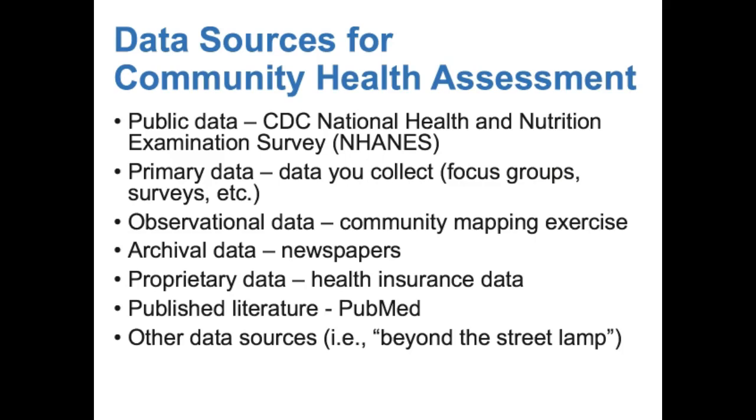Other useful data could be gathered just by walking through a community and observing perhaps the number of abandoned buildings, fast food restaurants, advertisements, what types of things are being advertised in your community. This unobtrusive data collection method can reveal strengths and problems in a community. And there's a link at the end of the lecture to the community toolbox where you can find more information about how to collect observational data for your community health assessment.